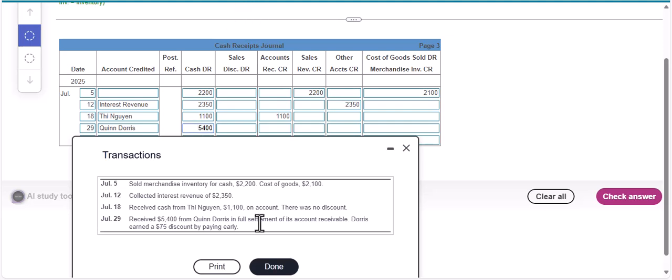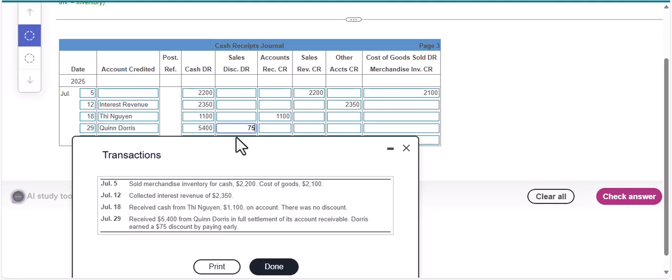But then we have to pay attention to the wording here. It says in full settlement of her AR, and because she received the $75 discount, and remember, with sales discounts, they go up with a debit, that's going to be $75 here as a debit. But notice cash is also a debit. So then our credit is going to be a combination of these, so that's $5,475.